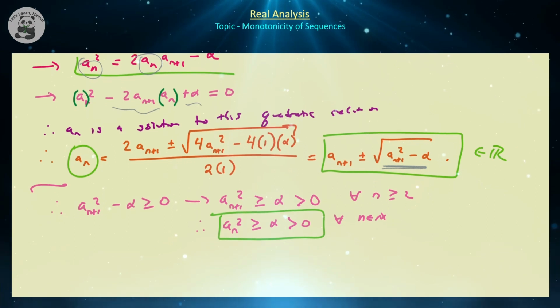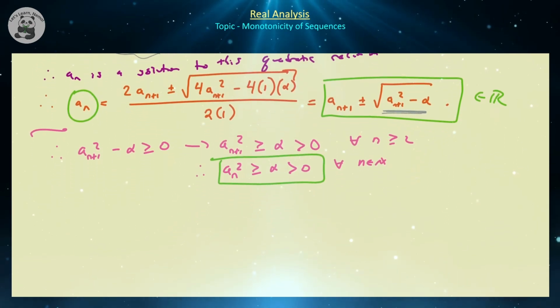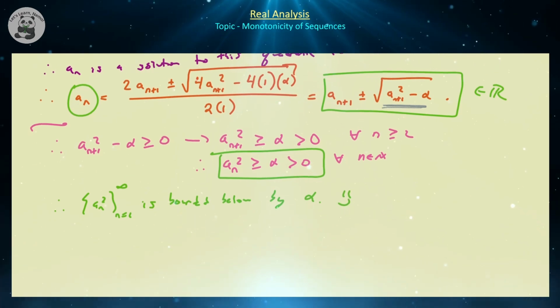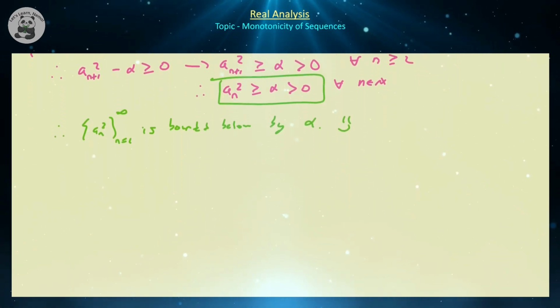Right? So if a_n squared is bounded below, that means a_n is also bounded below. Right? So that means that a_n squared for n equal to 1 to infinity is bounded below by alpha. Right? So if a_n squared is bounded below, a_n is also going to be bounded below.